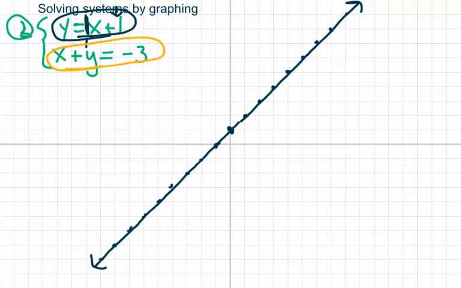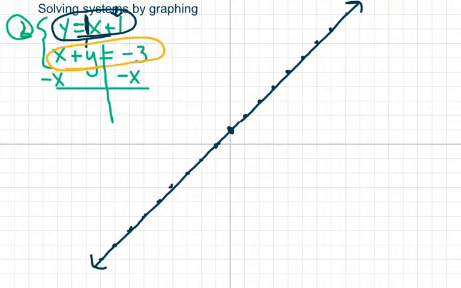So we have to go back to what I have already taught you and isolate the y value, which means I have to subtract x from each side. So the x's cancel, and I have y equals, remember we want our x's to come first, negative x plus negative 3. Or you could put negative x minus 3 if you wanted.